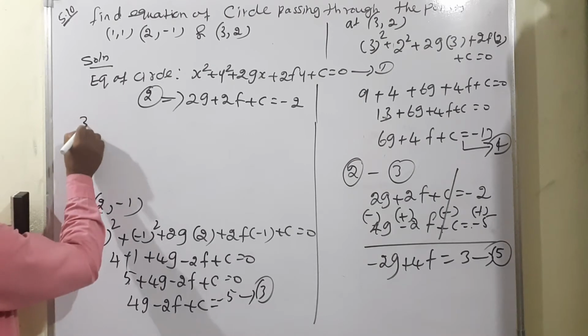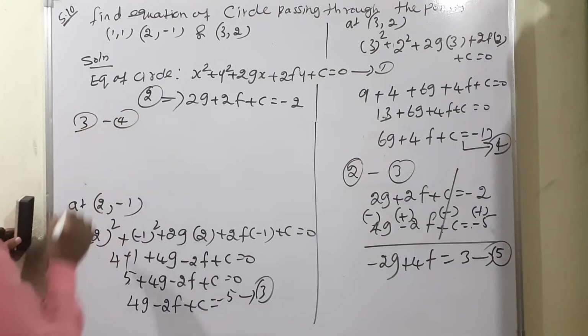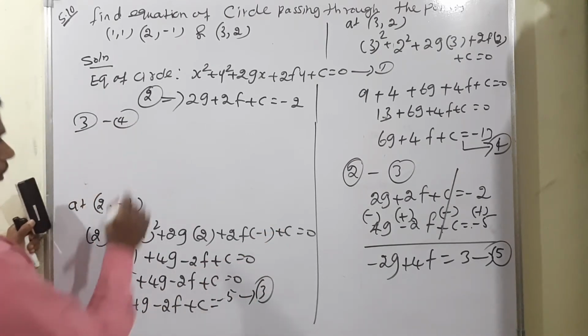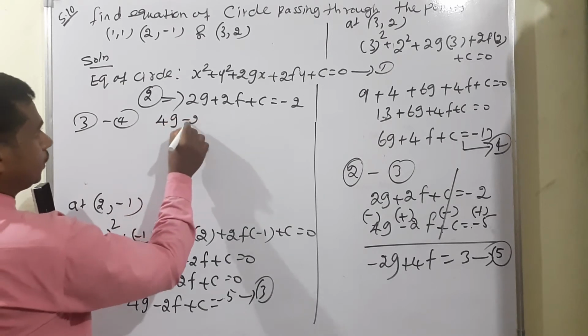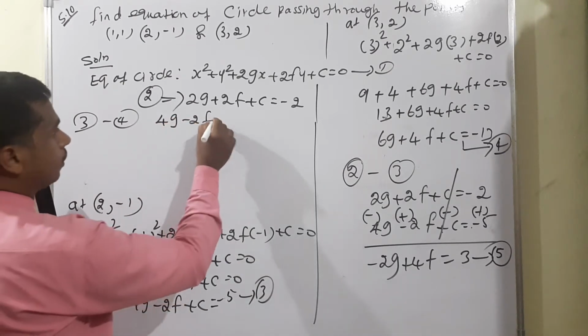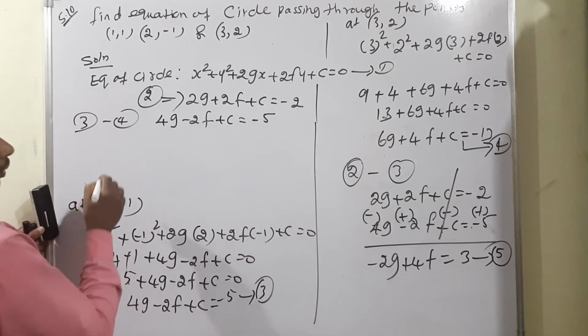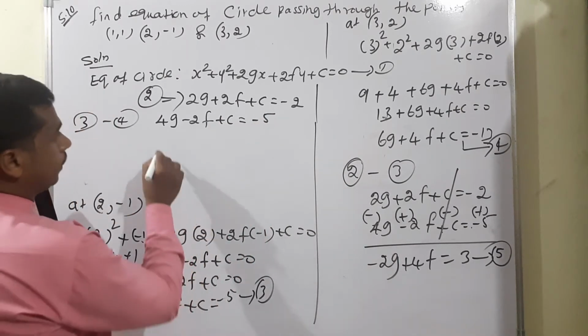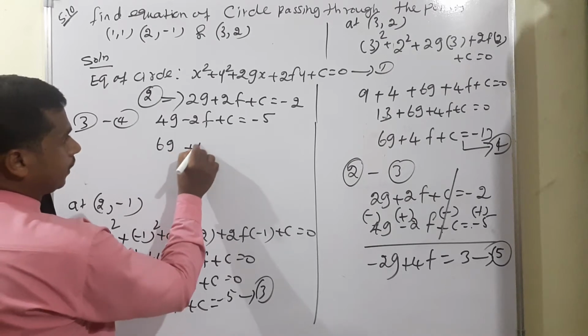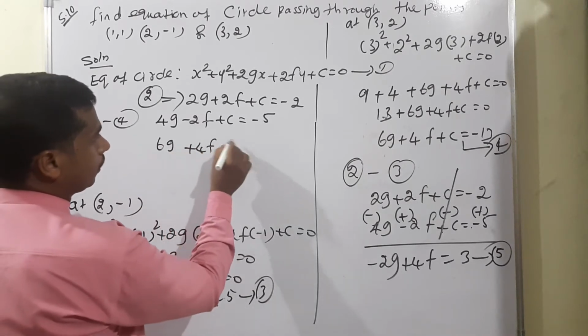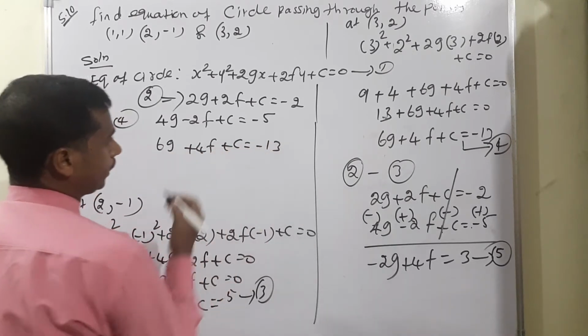Equation 3 minus equation 4. The third equation: 4g minus 2f plus c is equal to minus 5. Then equation 4: 6g plus 4f plus c is equal to minus 13.